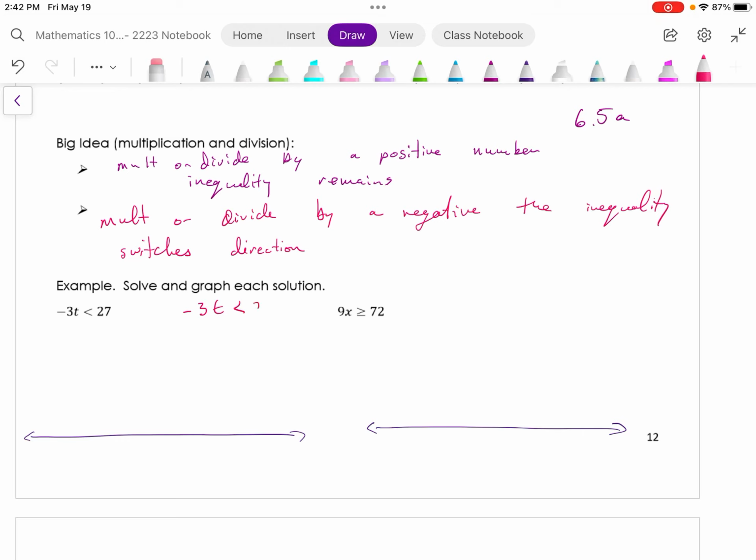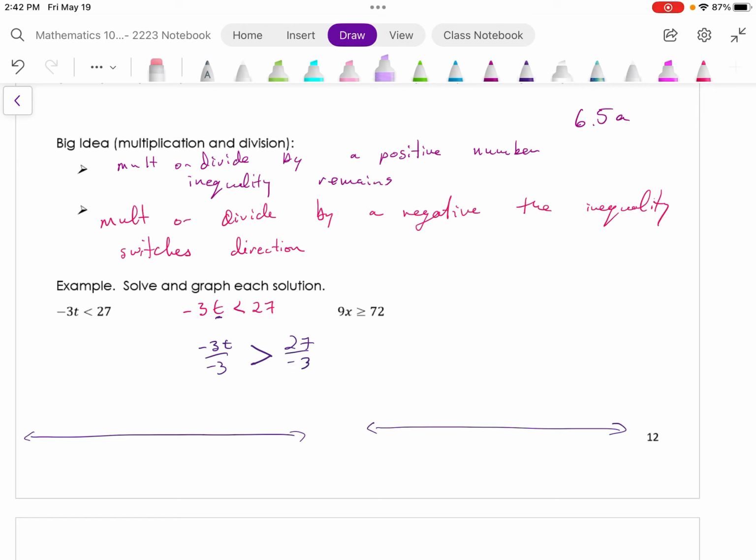If I have negative 3t is less than 27, I'm going to isolate t. The easiest way to do it is to divide both sides by negative 3. And as soon as you do that, your sign must change.